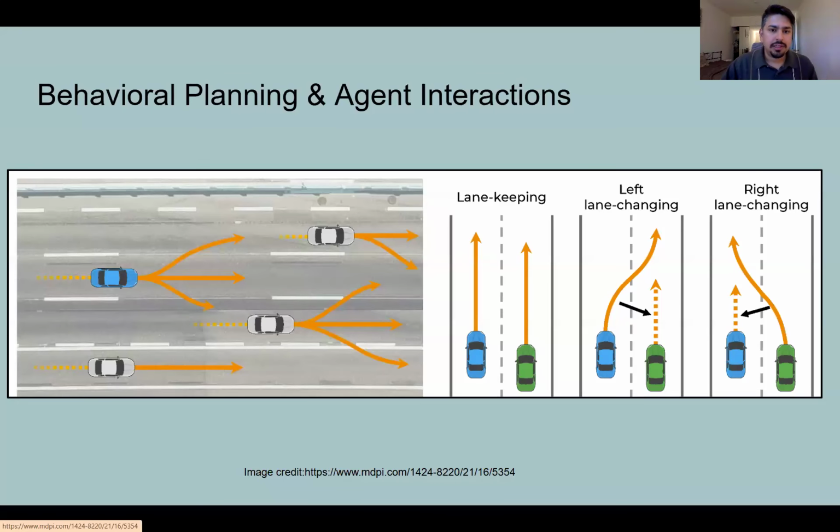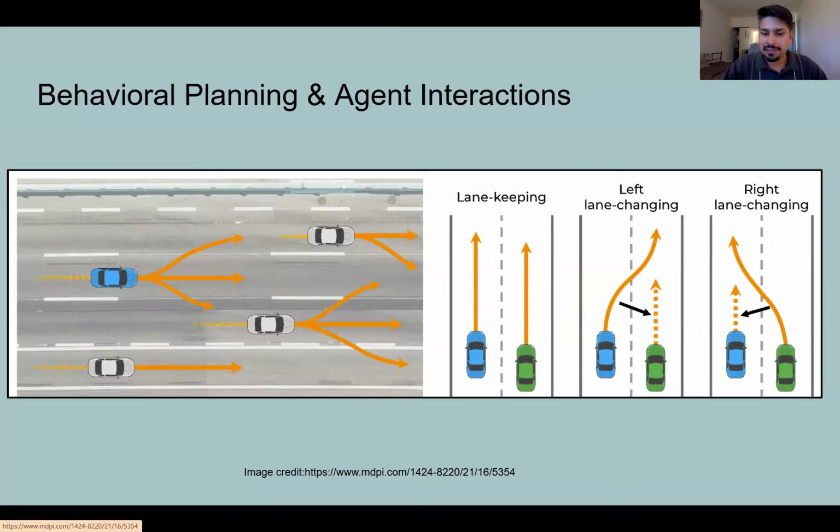Cool. The behavioral planning is the next layer after the routing layer, or the mission planning layer. In this case, many agents have their own actions, and we want to consider our own actions. Let's say we want to do a lane change or not.